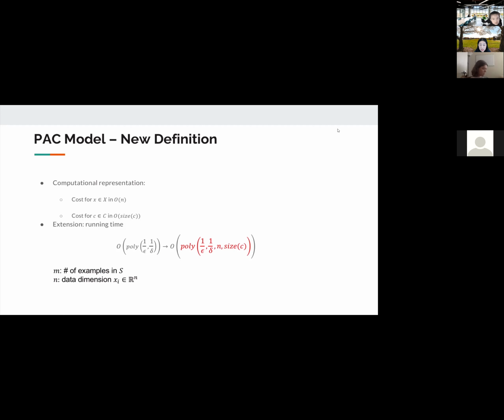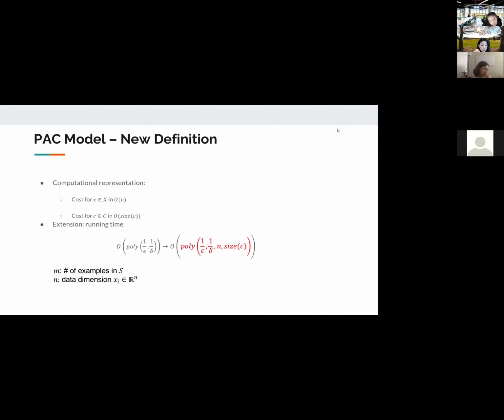So the extension basically means that if you want an efficient PAC learnable algorithm, it not only requires the sample complexity to be a polynomial with respect to 1 over epsilon, 1 over delta, but also preferably a polynomial with respect to n and the size of C. Sometimes this is pretty important, especially for polynomial in terms of n, because n usually lives in a high dimensional space.